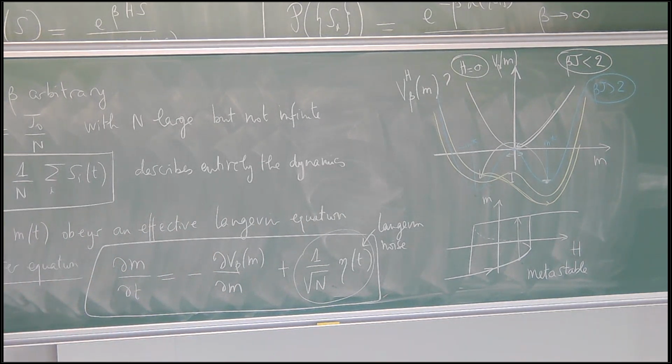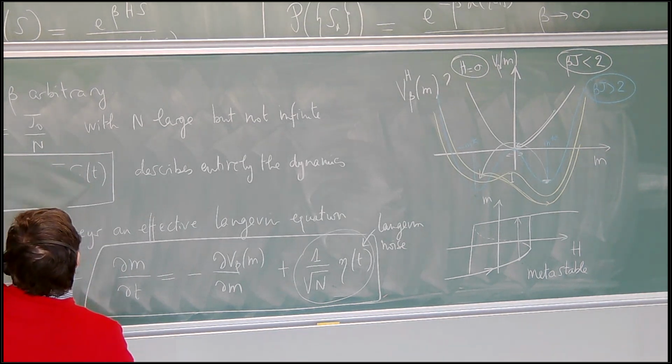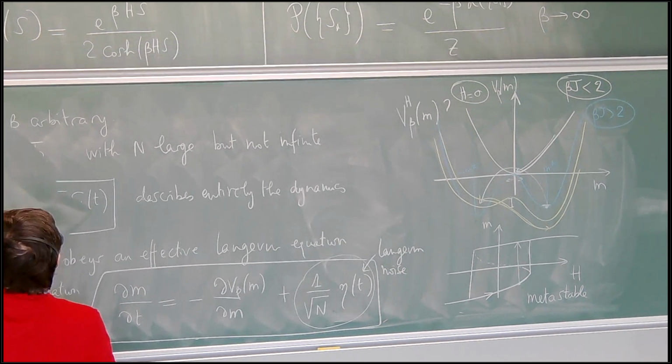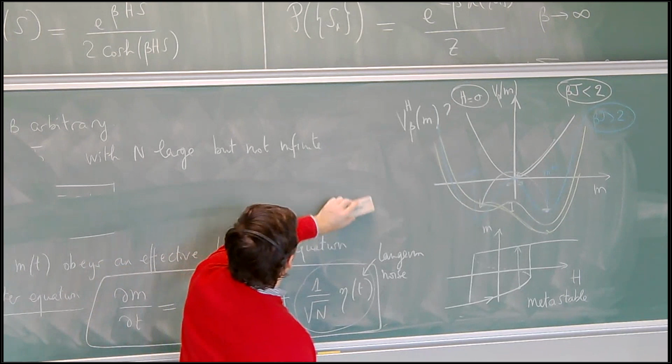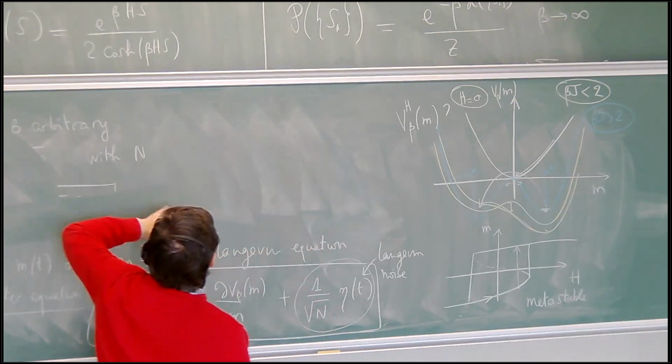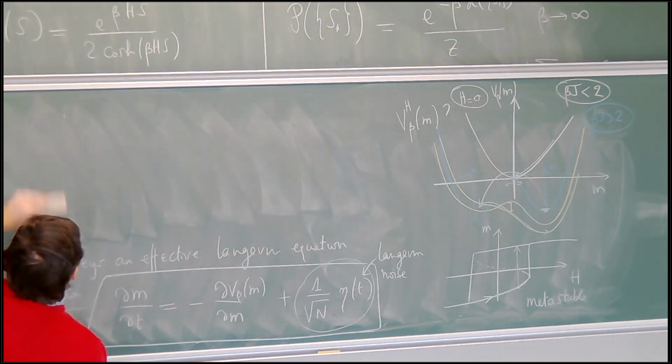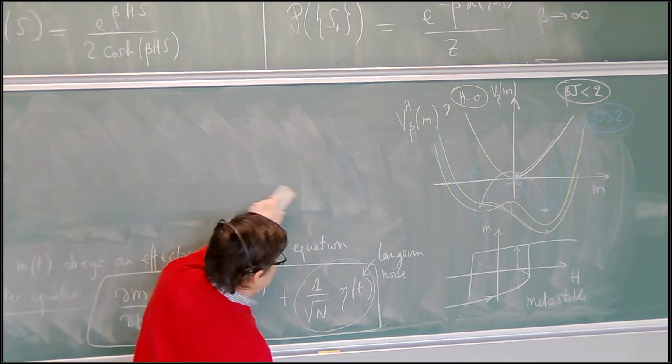And so from the Langevin equation, again, you can compute this time accurately using Kramers' theory of barrier crossing.